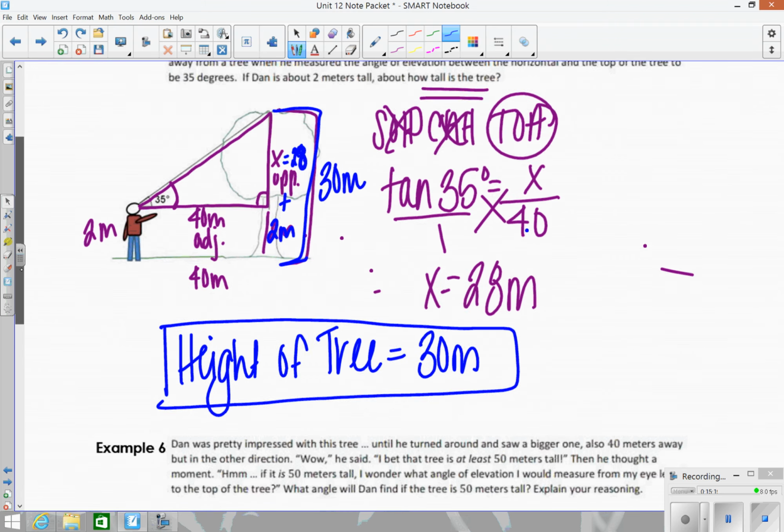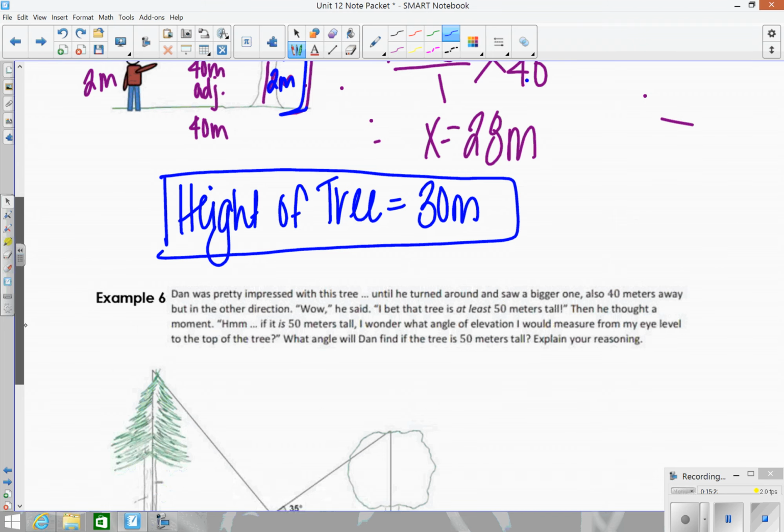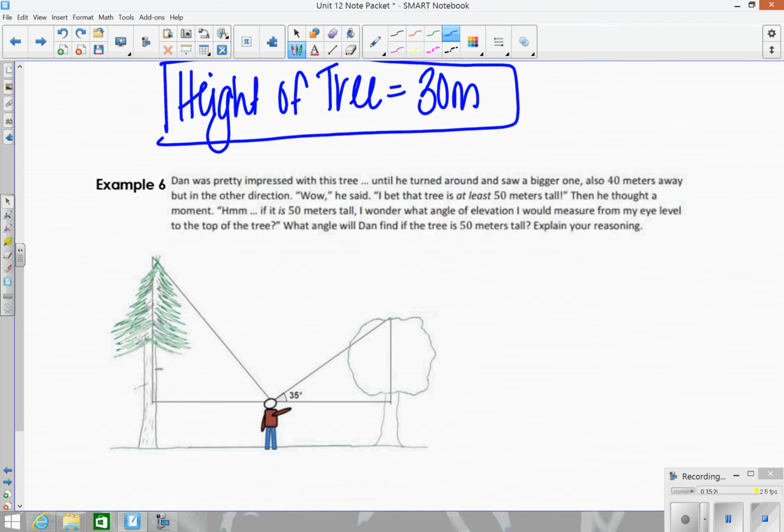So let's look at another one of these where we're using the elevation from eye level. So this example here, it's the same situation. Here's the same picture that you just saw where he was looking at this tree here. But now what's happening is he turned around and saw a bigger tree that's the same distance away, so it's still that 40 meters away. But the difference is he thinks this one's probably at least 50 meters tall.